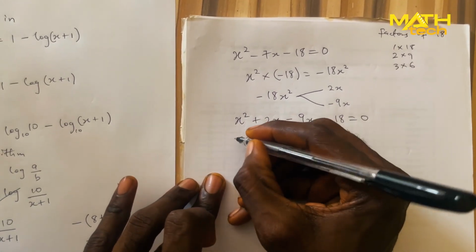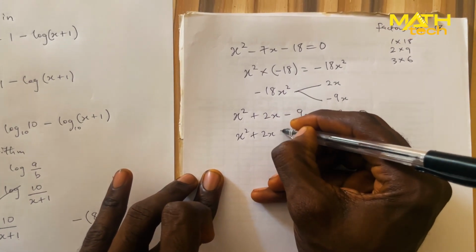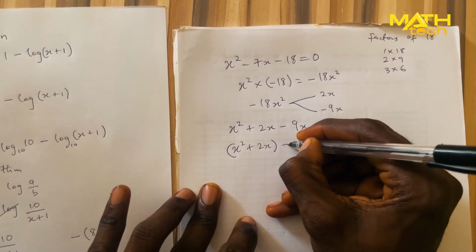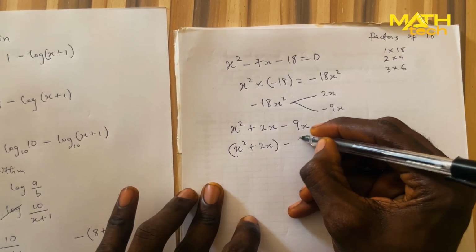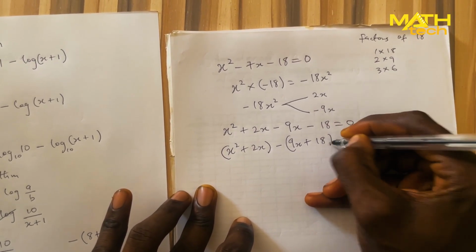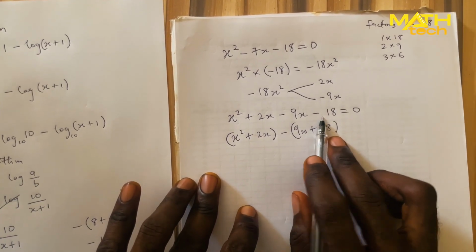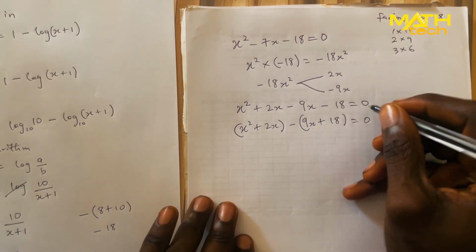So grouping them, we have x squared plus 2x, minus 9x plus 18. Because you know this minus here still gives us minus 9x, and this minus here still gives us minus 18, equal to 0.